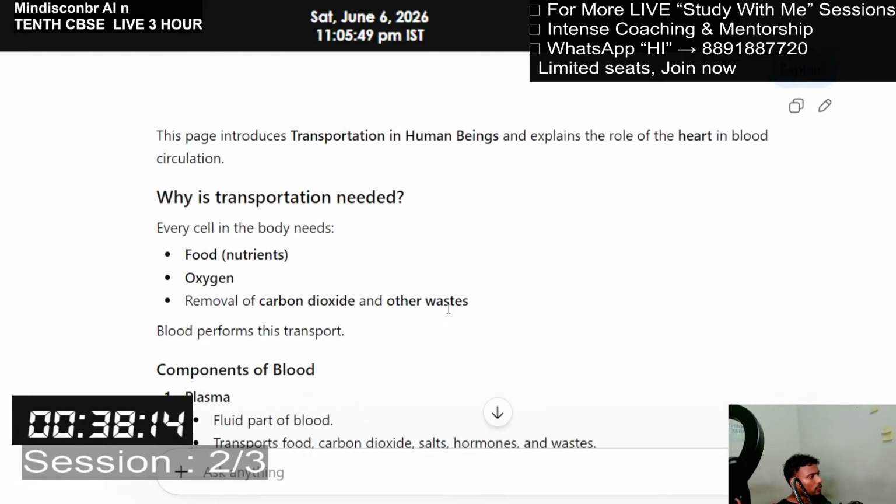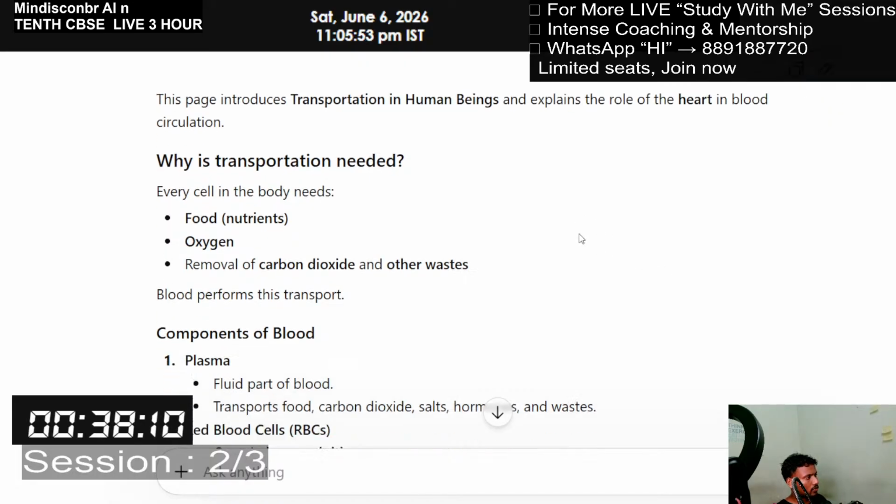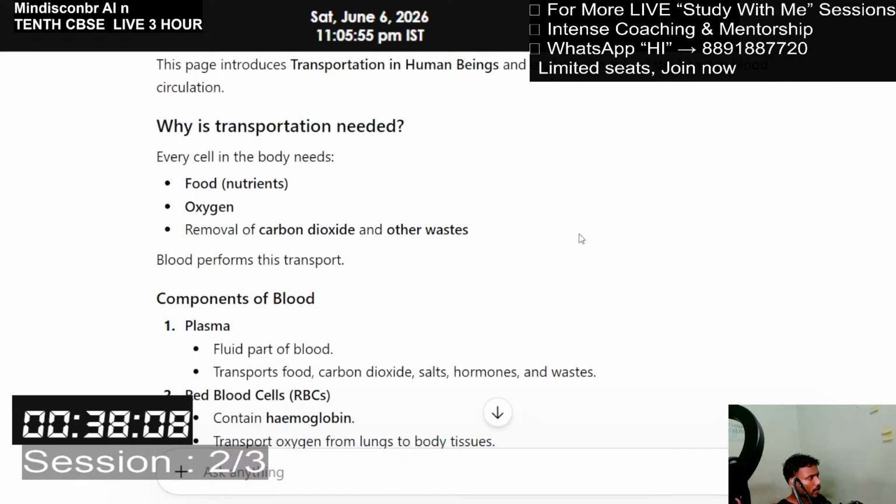The page introduces transportation in human beings and explains the role of the heart in blood circulation.